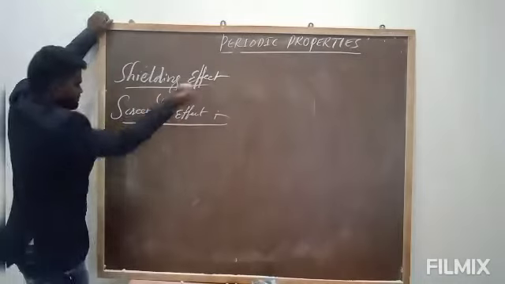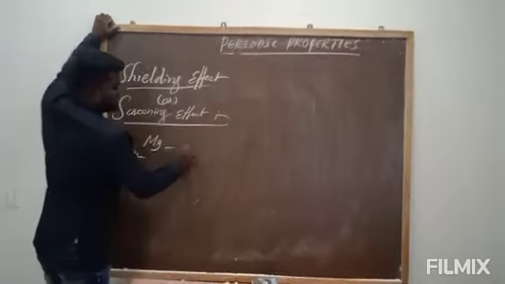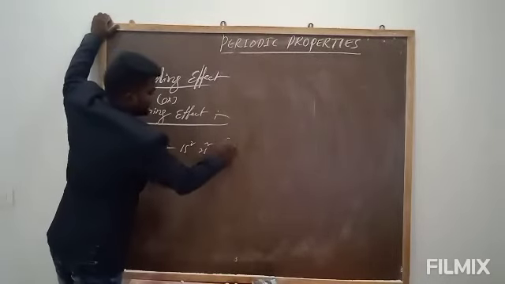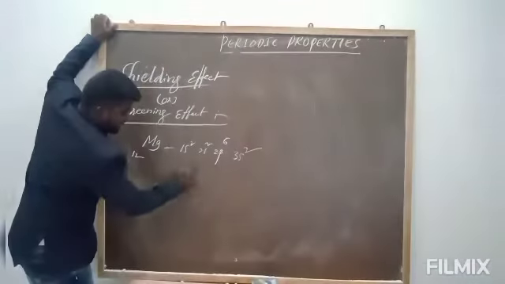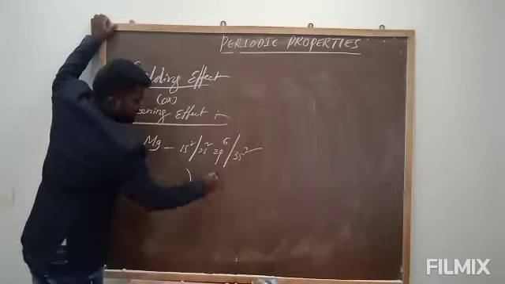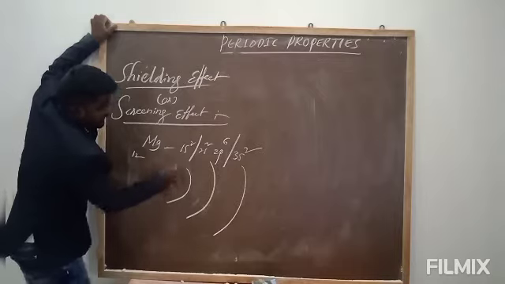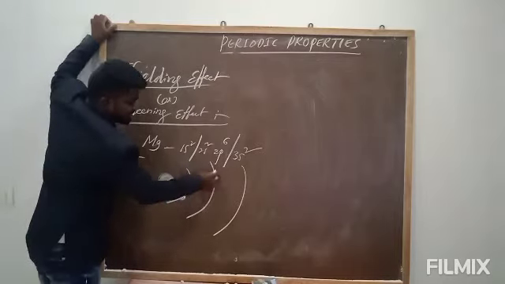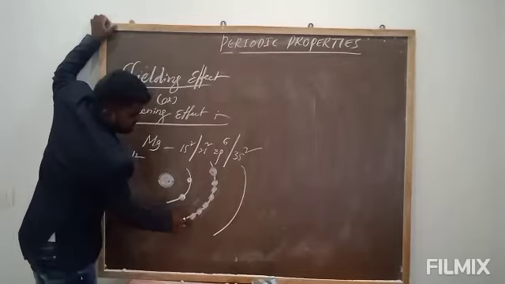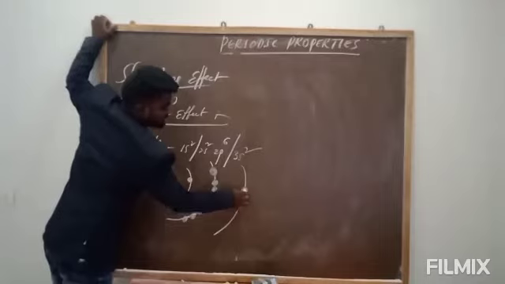For example, take magnesium, atomic number 12, configuration 1s2, 2s2, 2p6, 3s2. Now it is the K shell, L shell, M shell. Here the nucleus will be there. K contains 2 electrons, L contains 8 electrons: 1, 2, 3, 4, 5, 6, 7, 8. Now M contains 2 electrons.